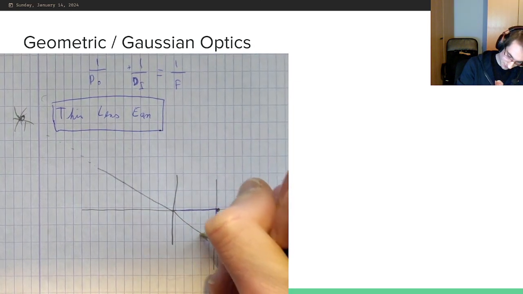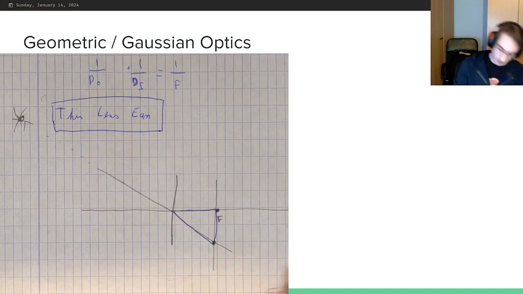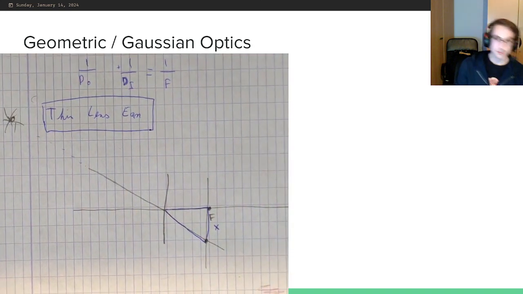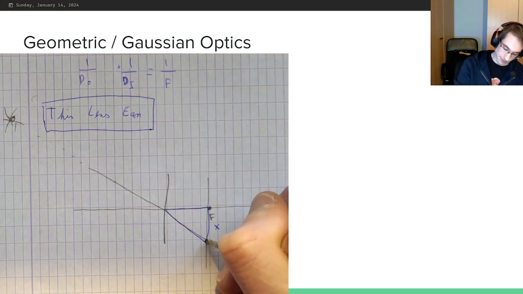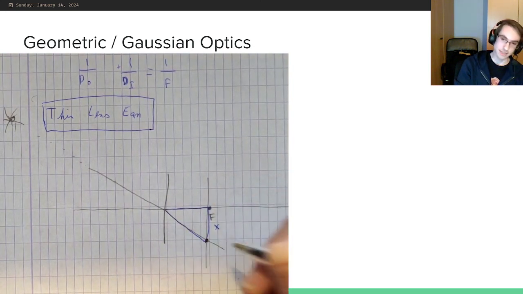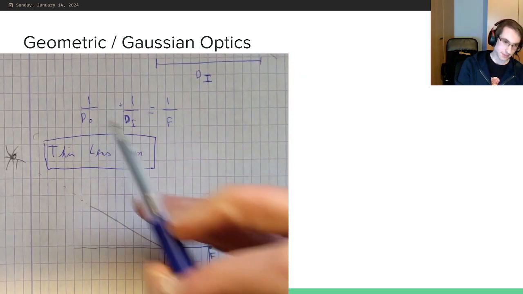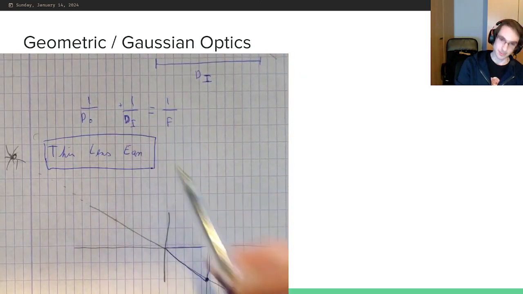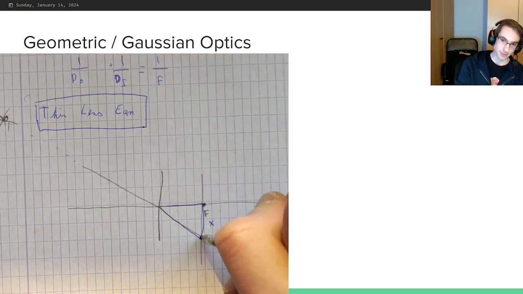And we're looking for this distance because that's where the image goes. We know, by the way, that the image must be in the focal plane because the star is almost infinitely far away. So we know from the thin lens equation that the image distance must be equal to the focal length. So it must have an image right here.